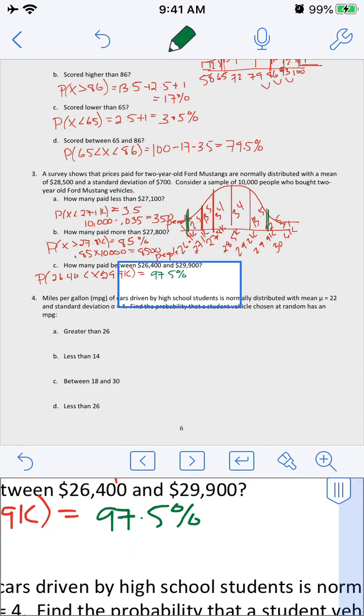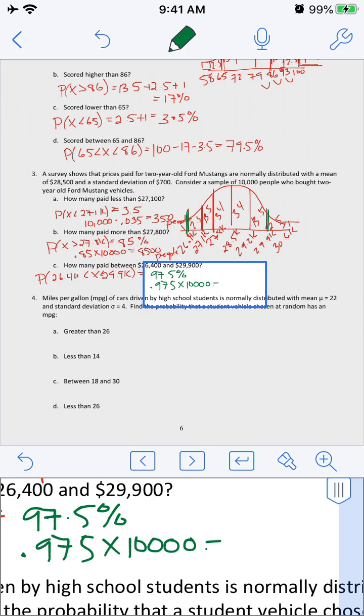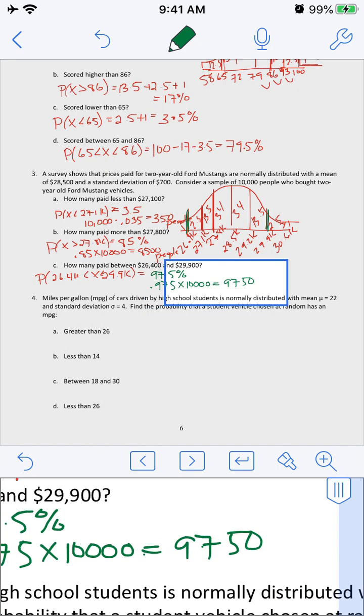We don't know how many paid, so times that in decimal form, times 10,000. 0.975 times 10,000, we get 9,750 people. Try not to forget your units.